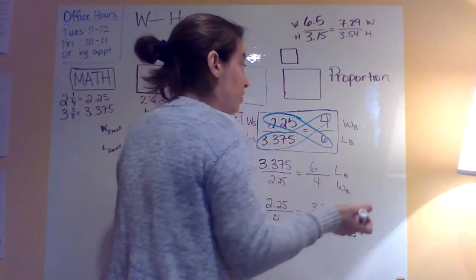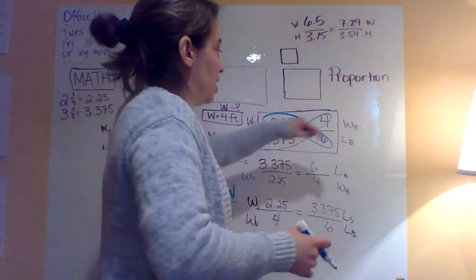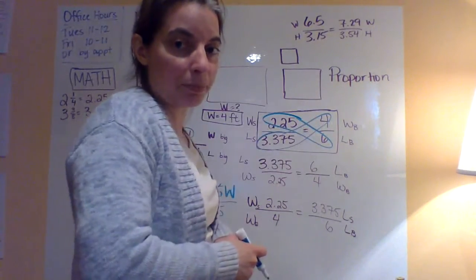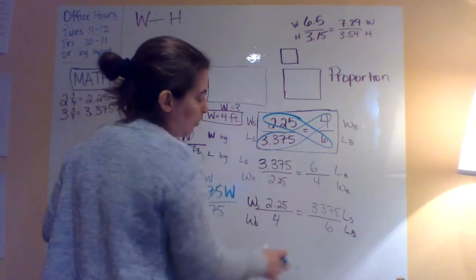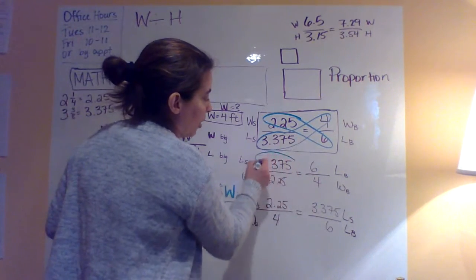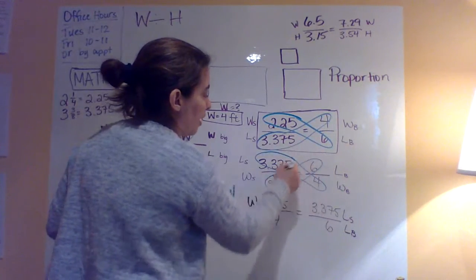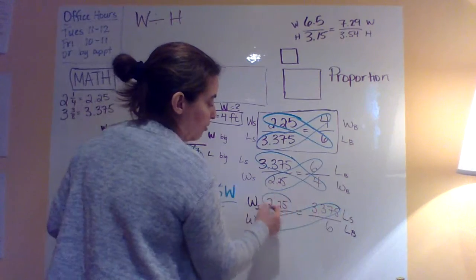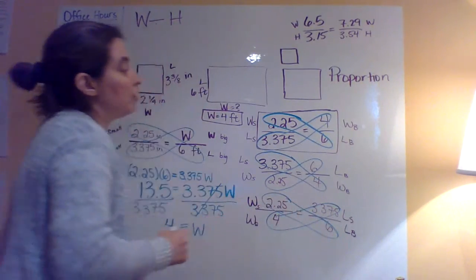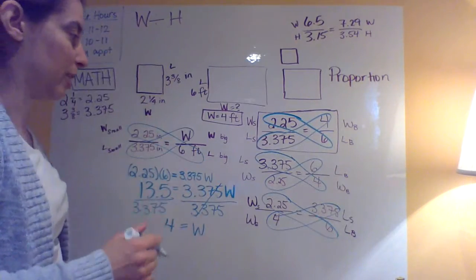Okay, and I would check that those are proportional because whatever I get here has to equal whatever I get there. Well, before I even do that check, when I look at these just to see if these mean the same thing, look at what I'm multiplying. 3.375 times 4, 2.25 times 6. 4 times 3.375, 2.25 times 6. So that tells me that these are all set up correctly because they're all multiplying the same thing.